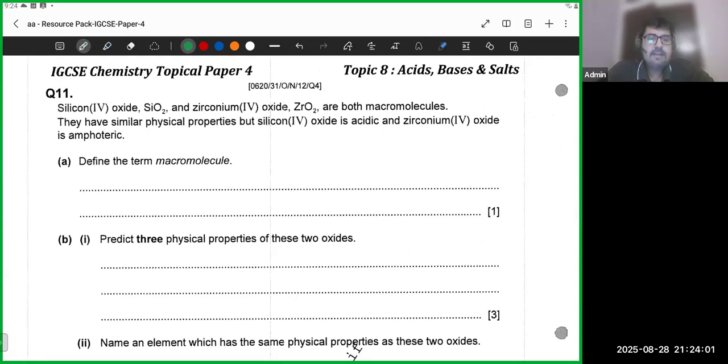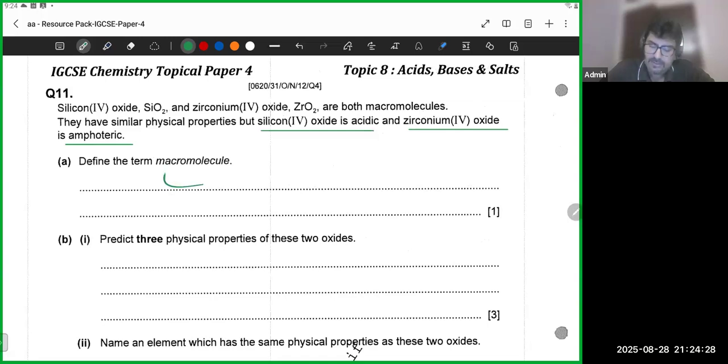He says that silicon 4 oxide, SiO2, and zirconium oxide, which is ZrO2, are both macromolecules. They have similar physical properties, but silicon 4 oxide is an acidic oxide, and zirconium 4 oxide is amphoteric. Remember, we did acidic oxides, amphoteric oxides. The first thing is to define the term macromolecule, which is from chemical bonding.